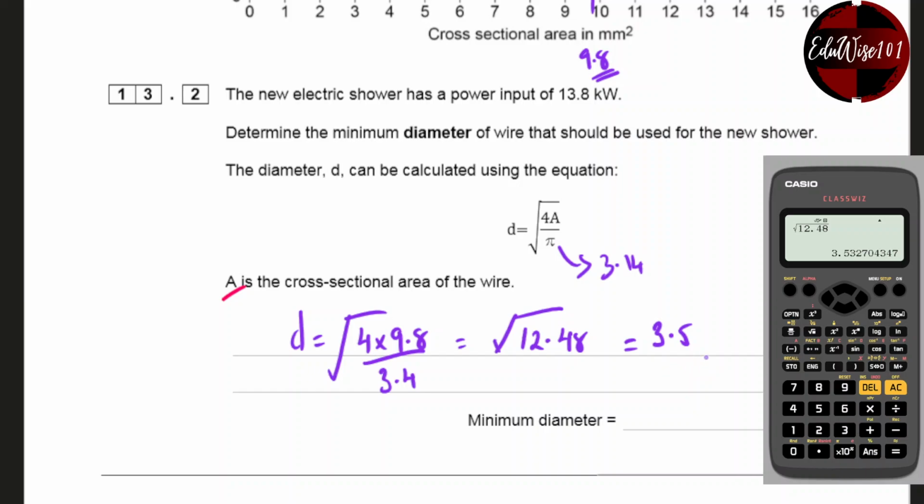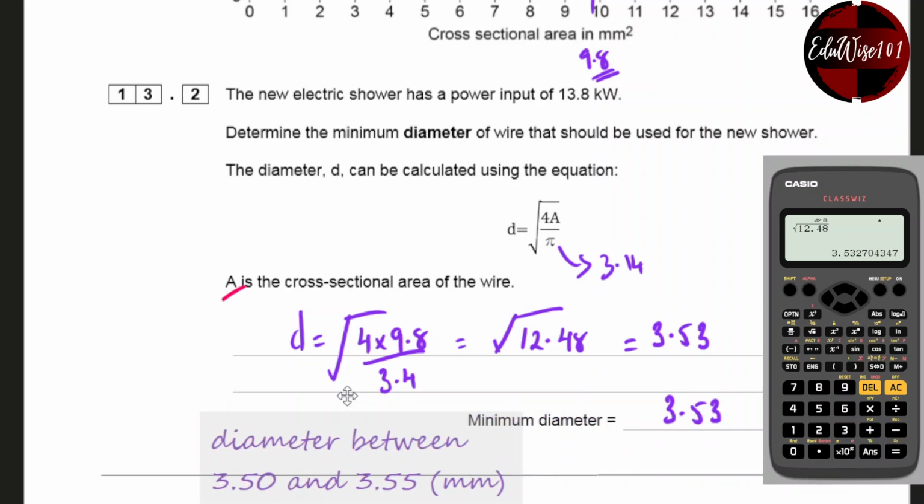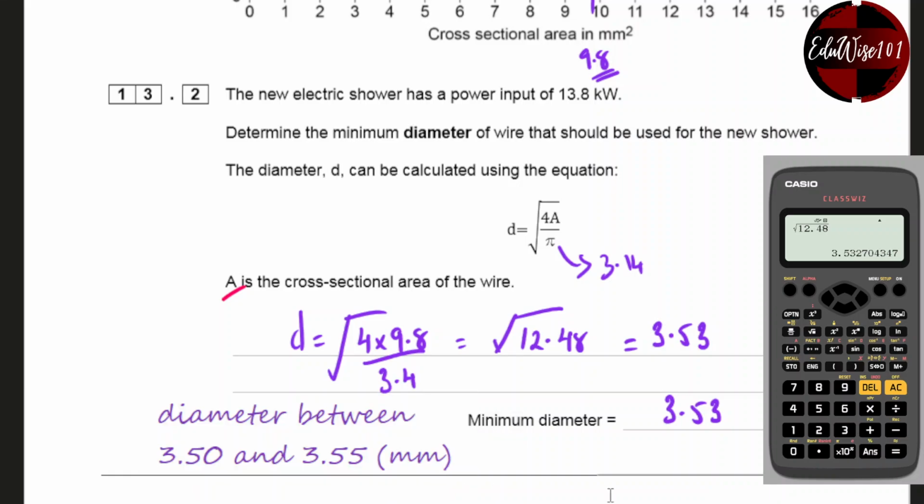So I'm going to leave it as 3.53. Now the marking scheme actually accepts an answer within the range of diameters 3.50 to 3.55. That should be fine.